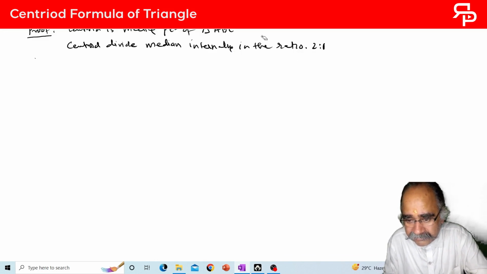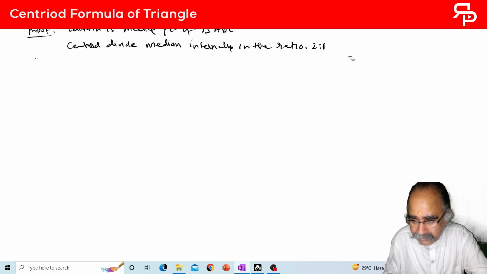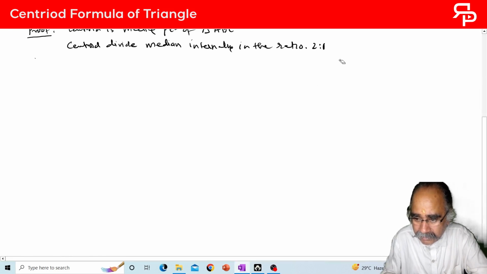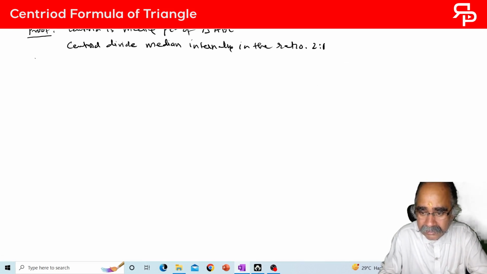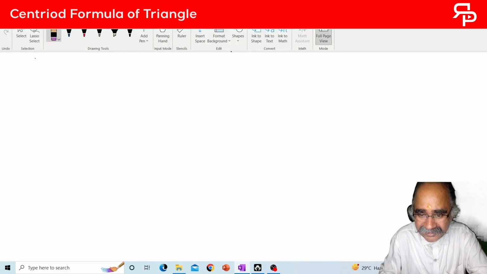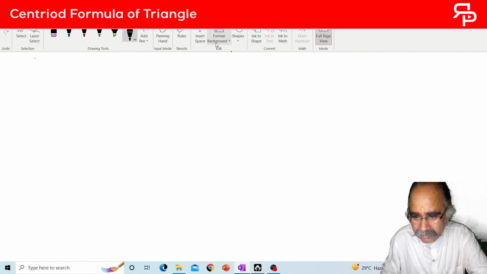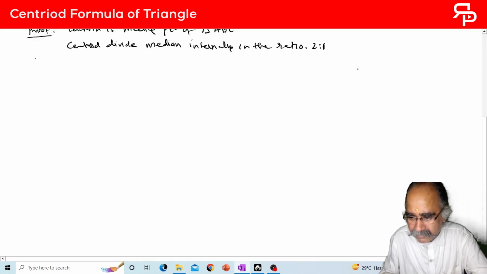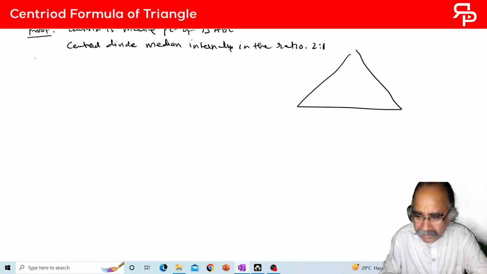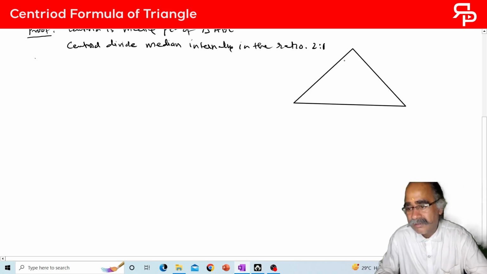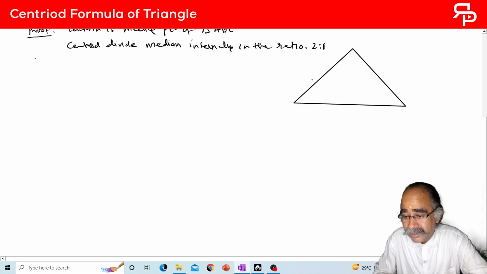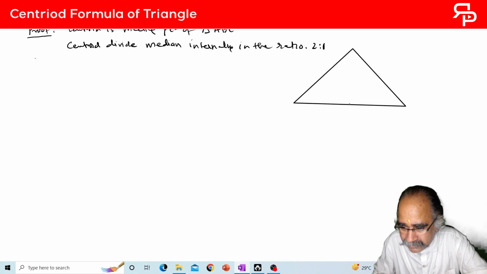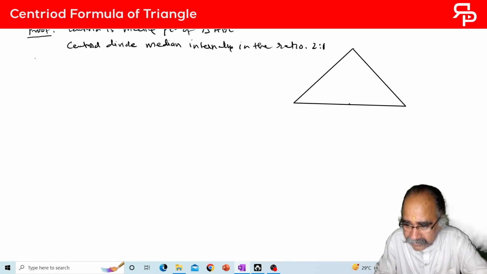Eraser I have not removed. Ink into shape is on. So let me draw a triangle. So this is better. Now I'll take midpoint. This is midpoint of side BC.